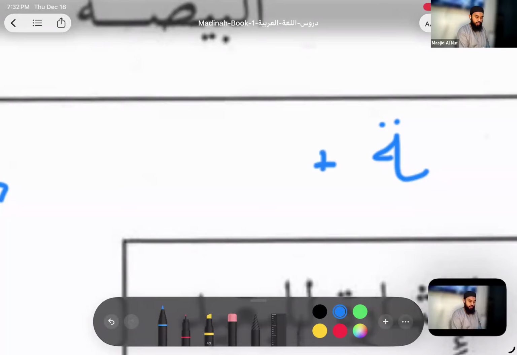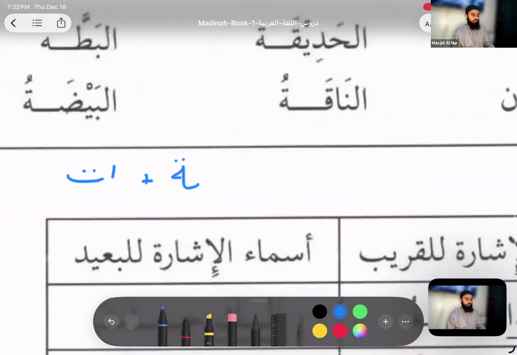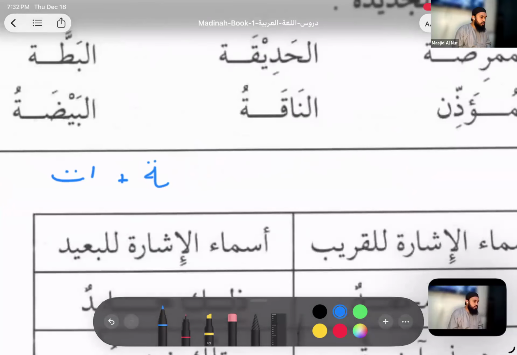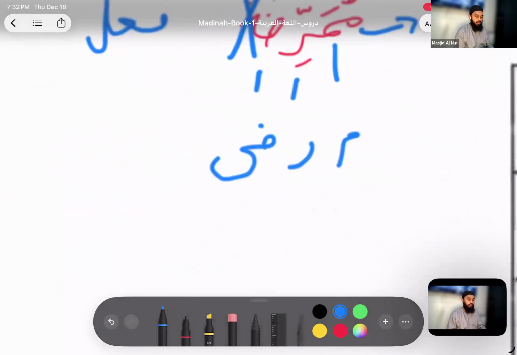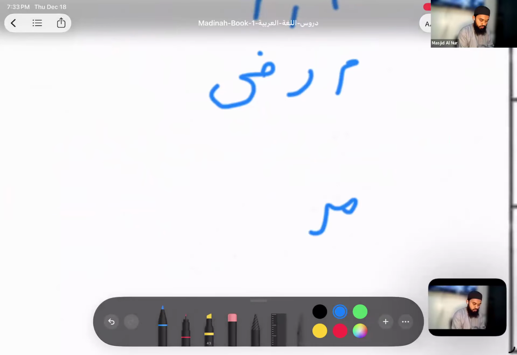You add an alif and a ta. That's it. You don't even have to look in a dictionary for that. So, mumarrida, what's going to be the plural? Mumarridat.